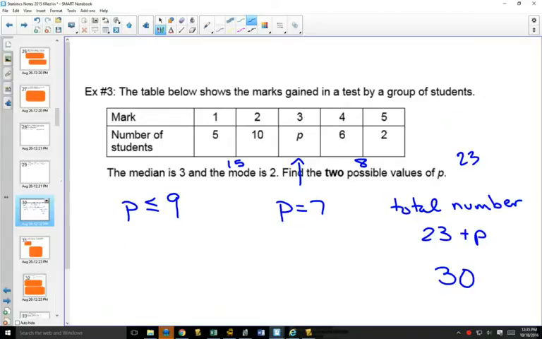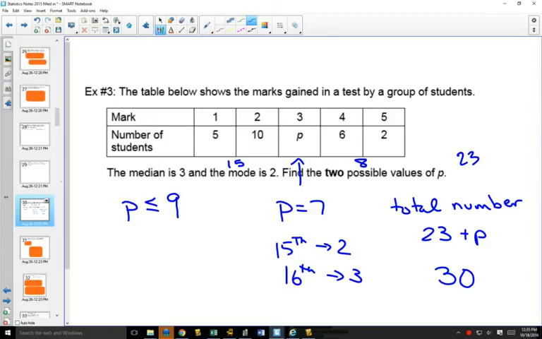The median would be between the 15th and the 16th one. The 15th one is a 2, and the 16th one is a 3. Can you see how I'm getting those numbers from the chart?